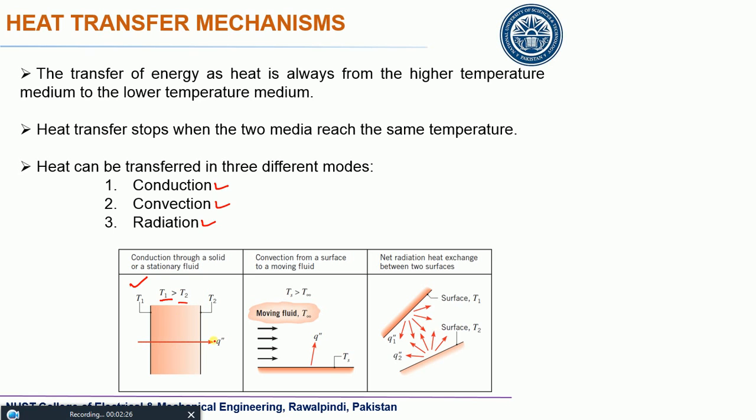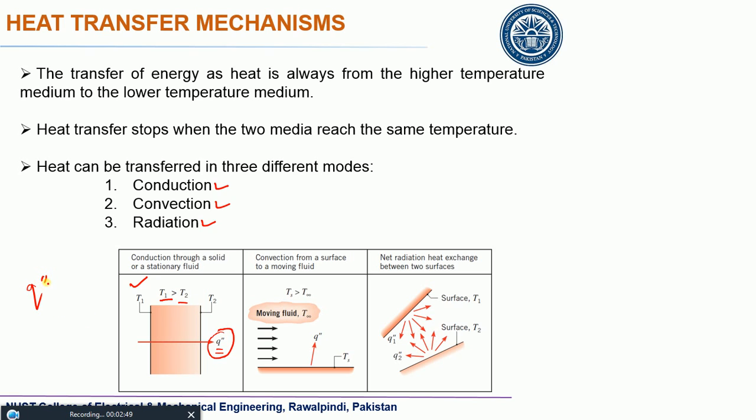So this arrow is basically this q double dash, that represents heat transfer rate per unit area. Remember, this is heat transfer rate per unit area.